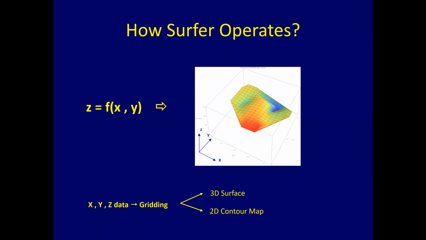This method became very popular, and many mapping software tools use this so-called kriging method. Once the grid file has been generated by SURFER, it uses it to actually draw the picture, the 3D surfaces or the contour maps or whatever.